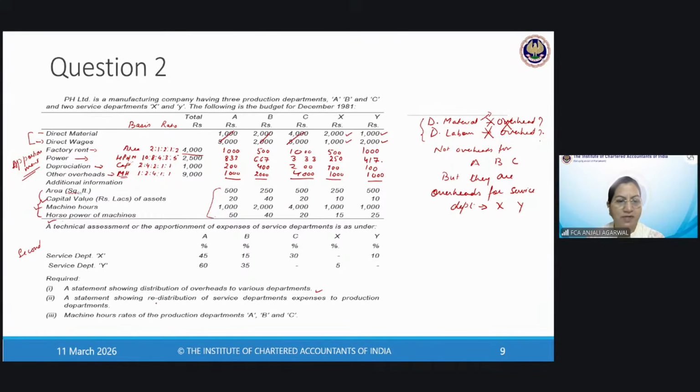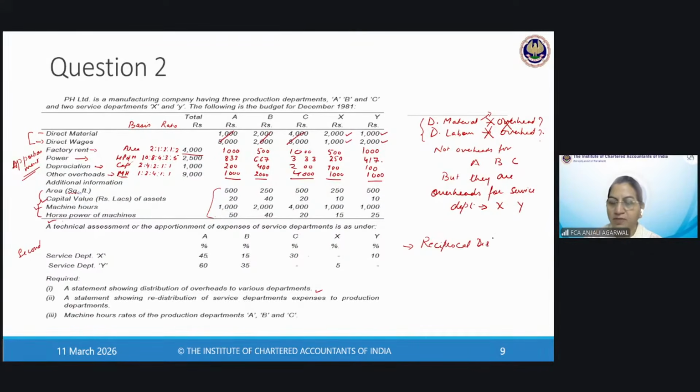Second, statement showing redistribution of service department expenses to the production departments. Now look at this. The benefit of X is going to A, B, C, but it is also going to Y. And similarly, the benefit of Y is going to A, B, not to C, but to X also. So this is a case of reciprocal, neither step nor direct.